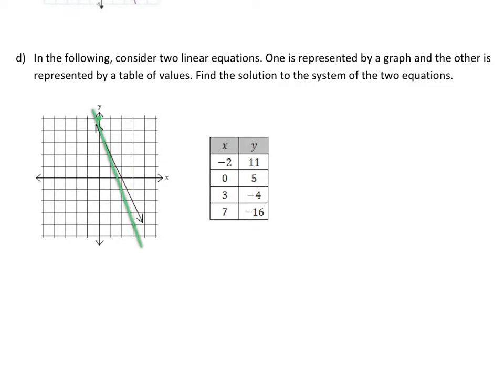I'm going to do the best I can. I'm going to have to move it, I think. Okay, and it looks like it intersects right here, which is at the ordered pair 1, 2.